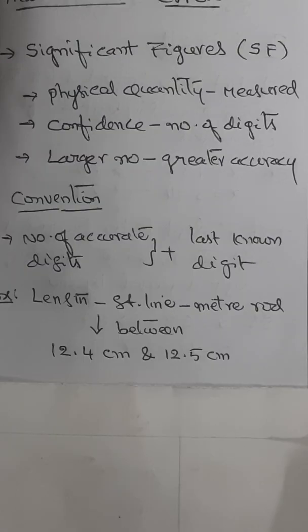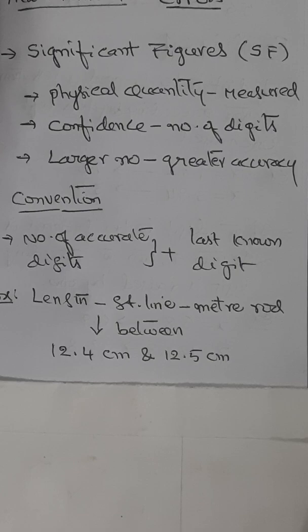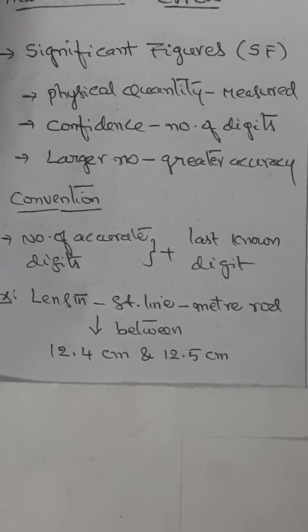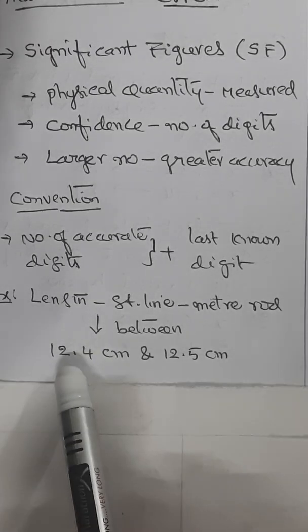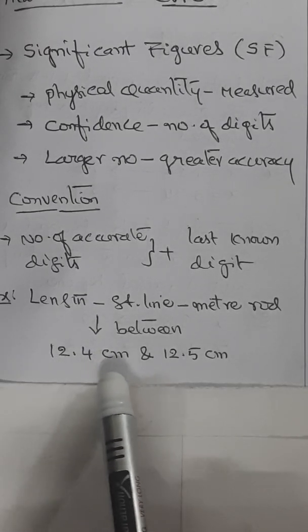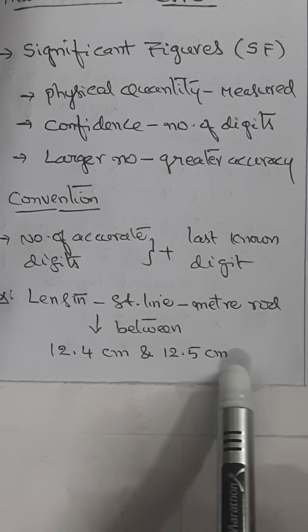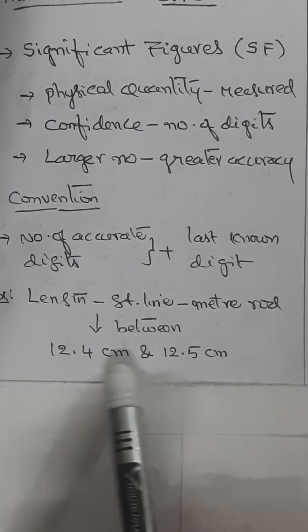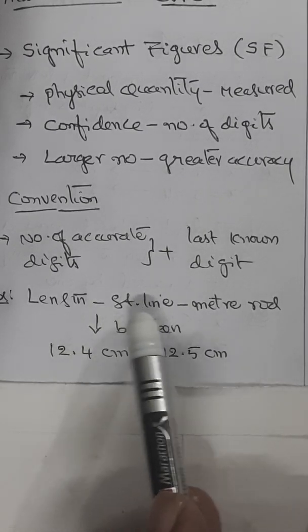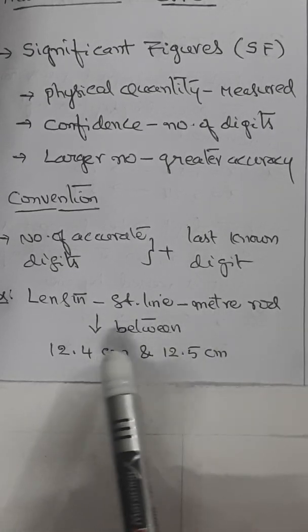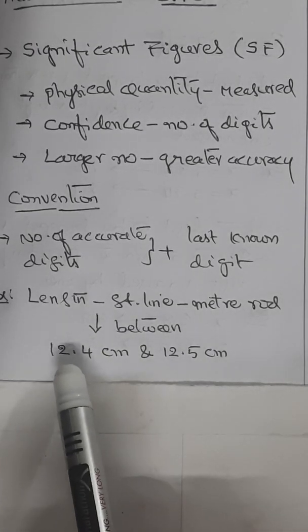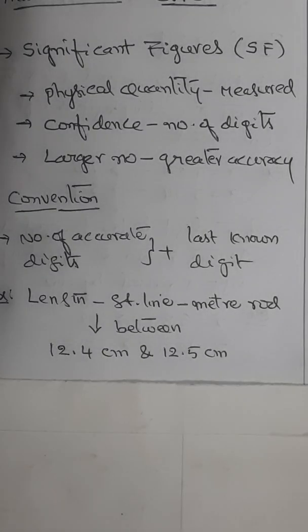For example, let us suppose that we are measuring the length of a straight line using a meter rod, and found it to be lying between 12.4 centimeters and 12.5 centimeters.